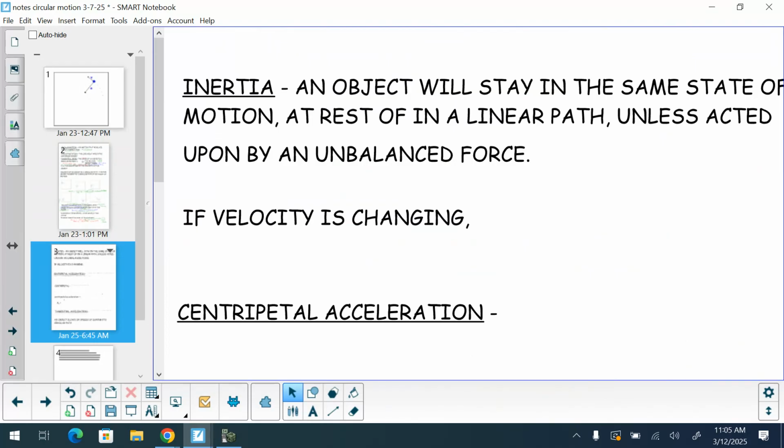If I didn't have an unbalanced force, this object would continue on a linear path. But we do have an unbalanced force to keep it going in a circular path. We have to have unbalanced forces because inertia tells us this is going to go linear. So something has to be acting upon it to make it go in a non-linear direction.